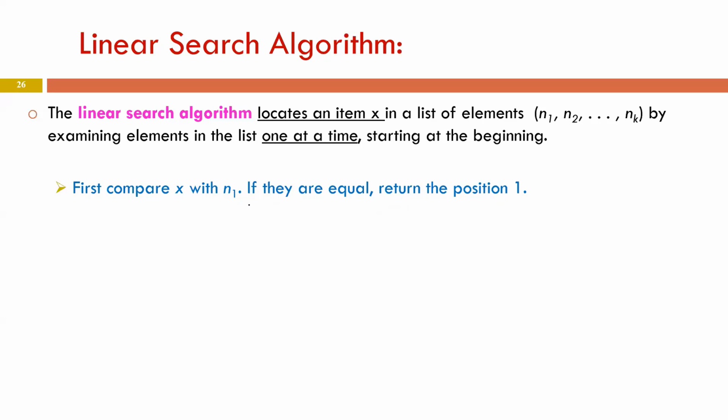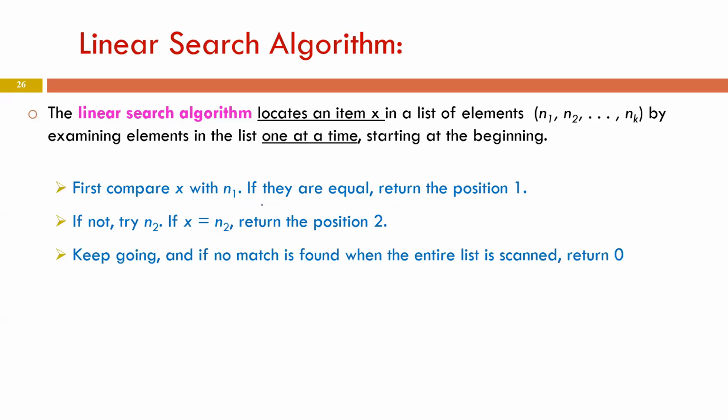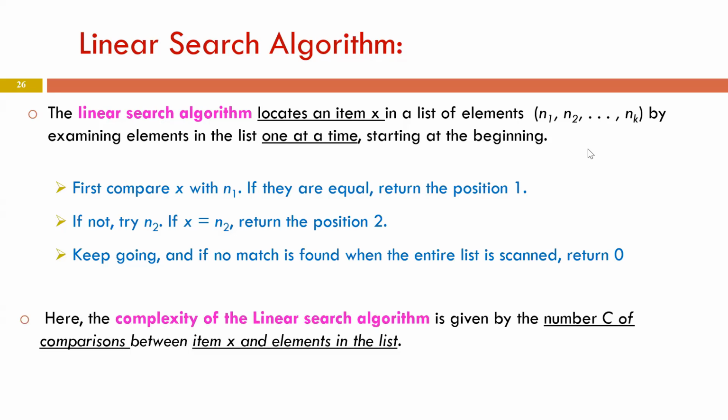If X is different from n1, you compare with the second element. If it matches, you are done. If not, you continue and so on, till comparing X to all items. So in the worst case, you compare it to the last one, nk, or it returns zero, which means that your item is not an element of this list. This is called the linear search algorithm.